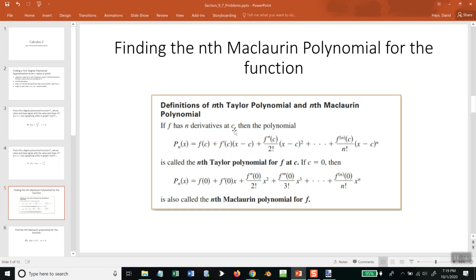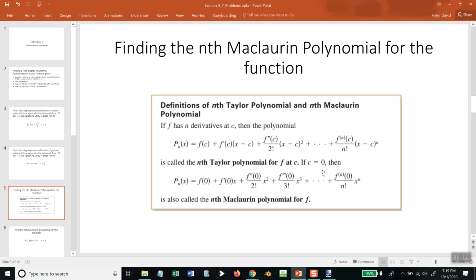If f has n derivatives at c, then the polynomial p sub n of x equals f of c plus f prime of c times x minus c plus f double prime of c over 2 factorial times x minus c squared plus dot dot dot plus f to the nth derivative of c over n factorial times x minus c to the nth power is called the nth Taylor polynomial for f at c.